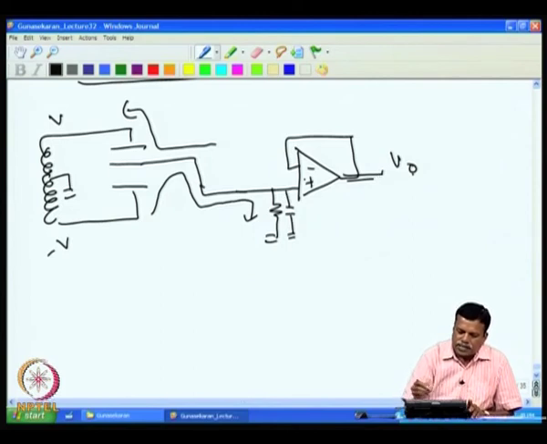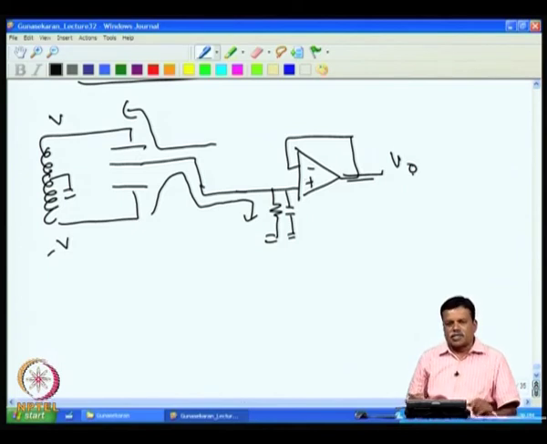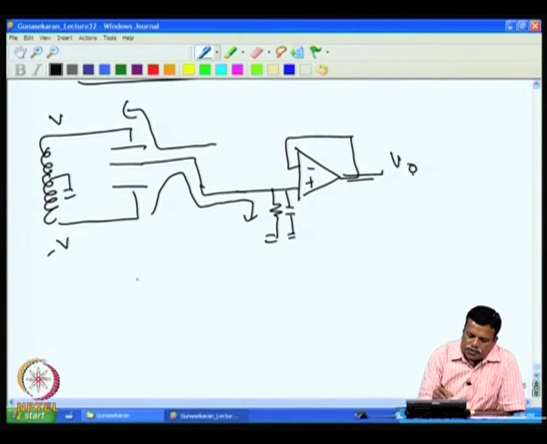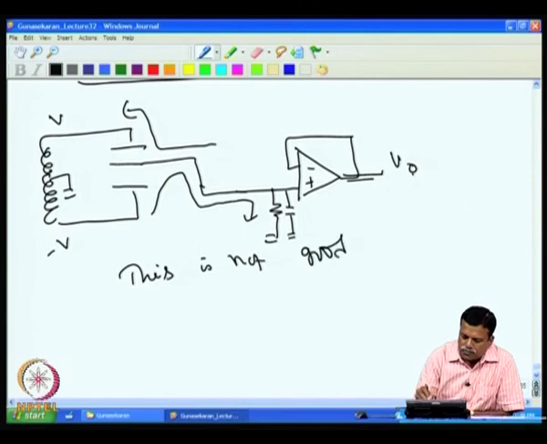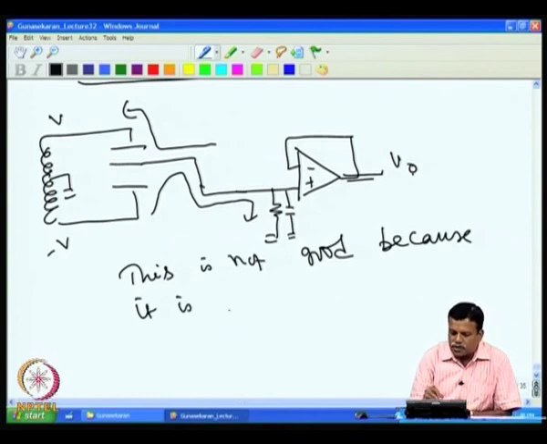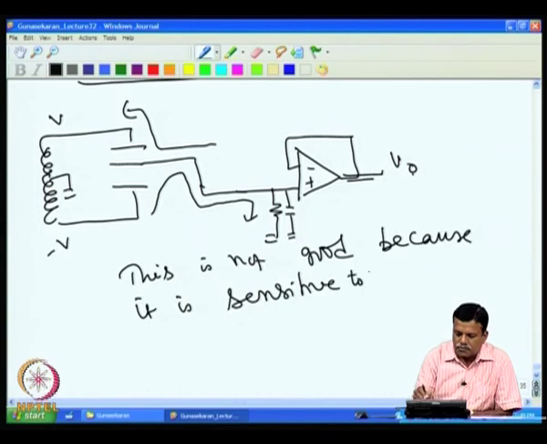So, this technique is not accurate, because it is sensitive to stray capacitances. So, this is not good, because it is sensitive to stray capacitance.